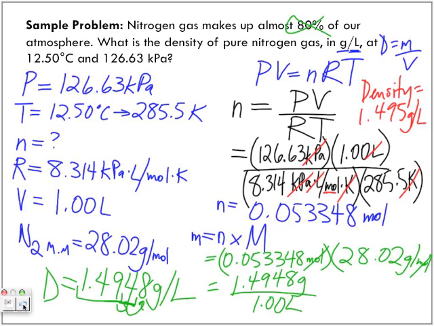Okay. So, of the atmosphere, at that pressure and at that temperature, the actual density of the nitrogen gas in the atmosphere is 1.495 grams per liter.